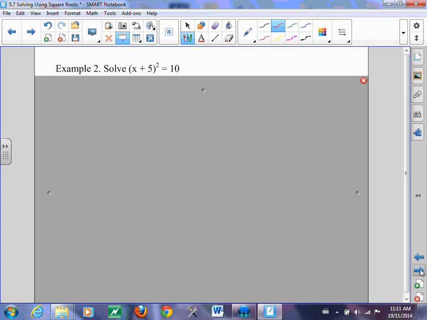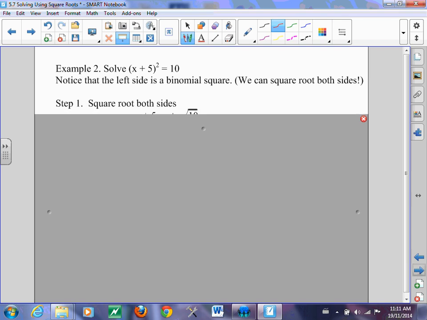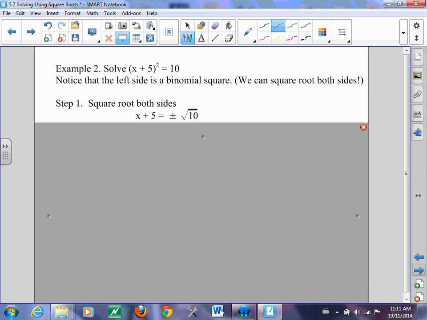All right. So currently, folks, we've got x plus 5 squared on the left side, and on the right side, we've got equals 10. Well, if we want to get x by itself, we've got to deal with that squared. The opposite of squaring is to square root. So what we're going to do is take the square root. So basically, I'm going to show you what happens.